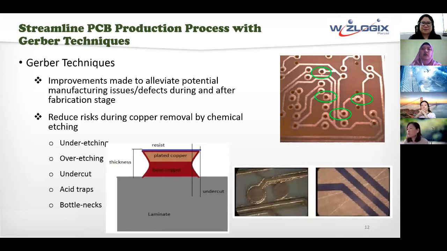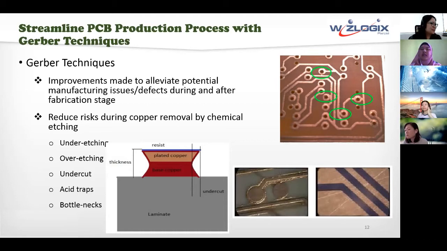In the manufacturing stage, copper exists in a roll or foil format, like how you would see aluminum foil in your house. This roll format will require the copper to be removed from areas where you do not require traces or copper areas, and these will be removed by chemical.